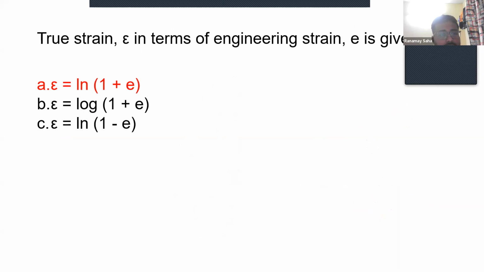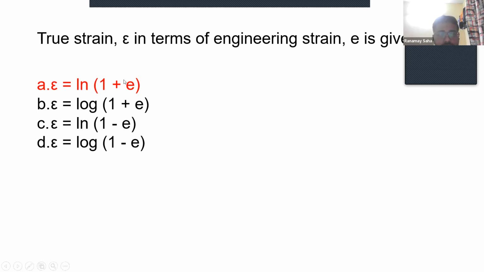Now we move to a question: true strain epsilon in terms of engineering strain E is given by. We have done that last time. We have covered such topics also. We have one thing called engineering strain, one thing called true strain. True strain relates itself to the actual area of cross section at an instant of time.